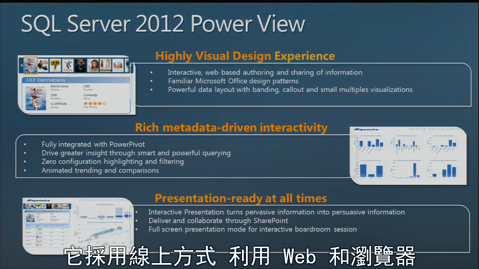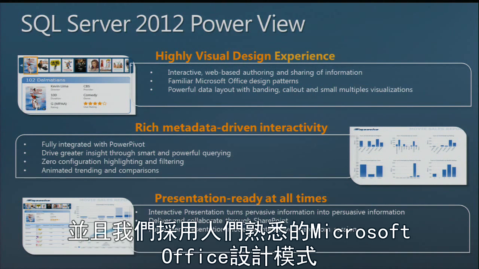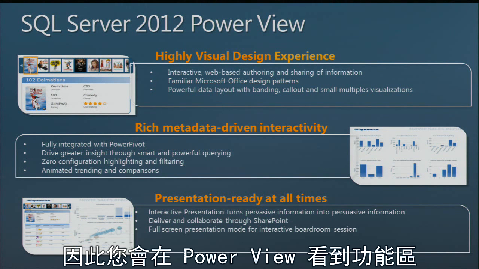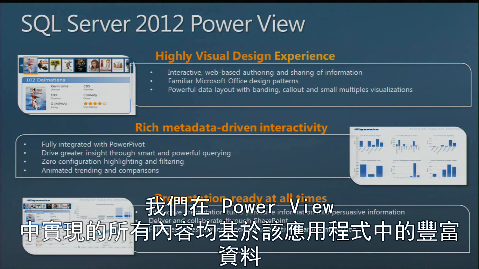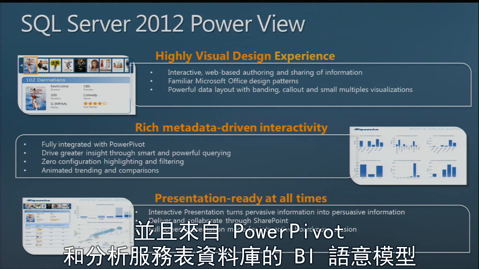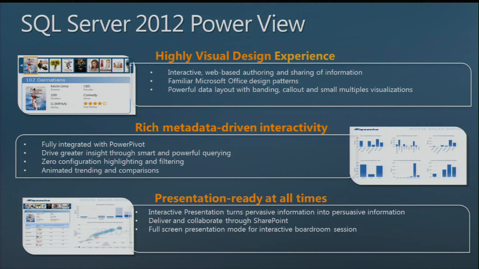It's online, it's on the web, it's in the browser, and we're using familiar Microsoft Office design patterns, so you'll see the ribbon that's available there. Everything that we do in Power View is really based on the rich metadata available to us in the application, and that really comes from PowerPivot and the BI semantic models that come from the Analysis Services tabular databases.